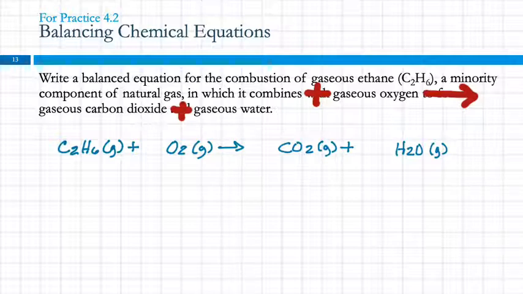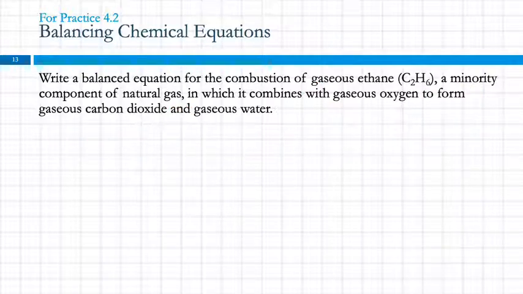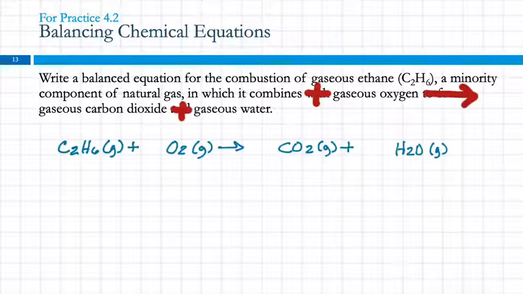Okay, so let's balance this one. I'm going to show you an inventory method that some students like. So we're going to take inventory because this one can be a little messy. There's oxygens and hydrogens all over the place, and carbons, and it's just kind of a mess.